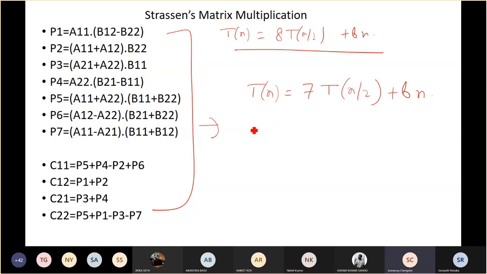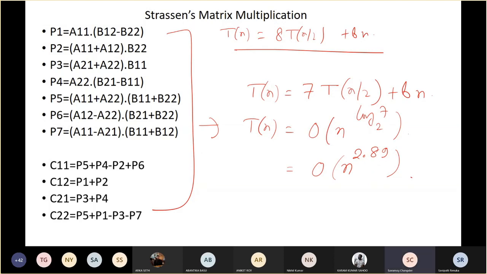Okay, so by applying the master theorem, we can write that T(n) is equal to big O of n to the power log 7 base 2. So I think this value is n to the power 2.89 something, or 2.91 maybe. I have to check. Most probably this is 2.89 or maybe 2.91.